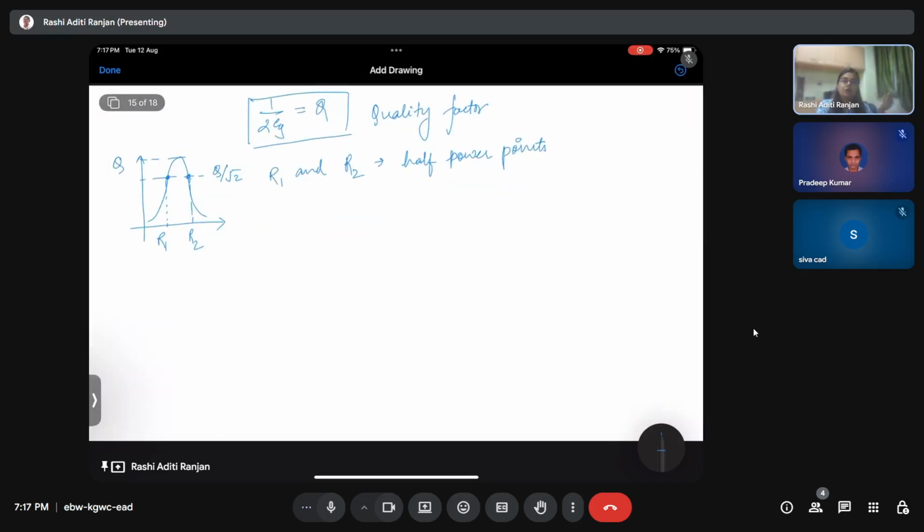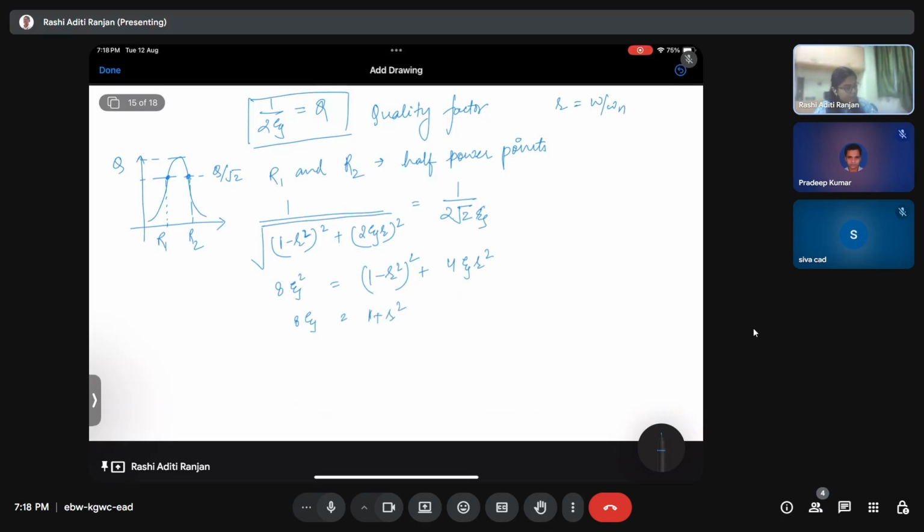Wherein I'll put 1 by 2 under root 2 η. For simplicity of writing, we assume R equals ω by ωn. So it's 1 by under root of [(1 − R²)² + (2ηR)²] equals 1 by 2 under root 2 η. Squaring on both sides, we get 8η² equals (1 − R²)² + 4η²R².